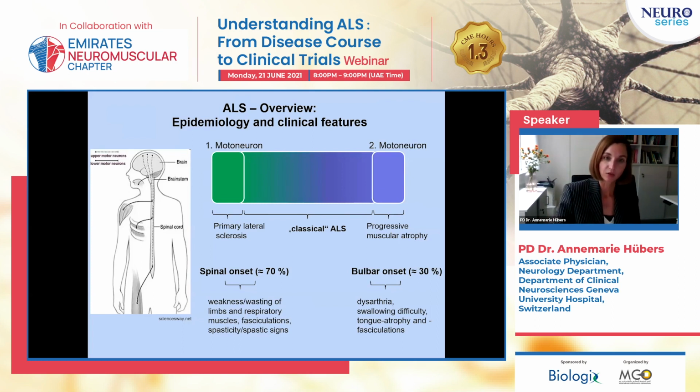And in the middle, you have the classical amyotrophic lateral sclerosis with affection of both the upper and the lower motor neuron.